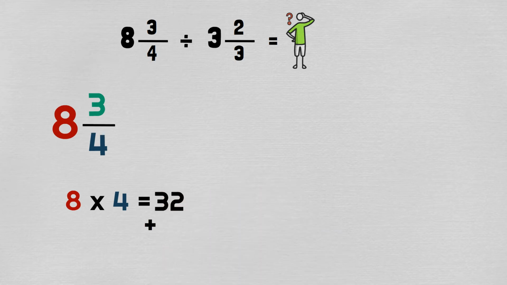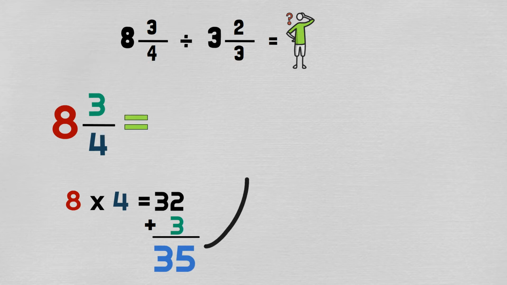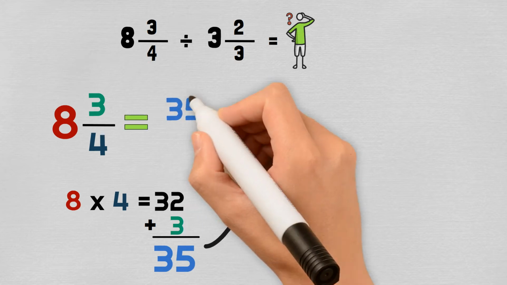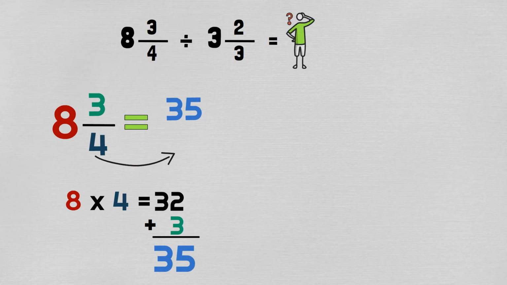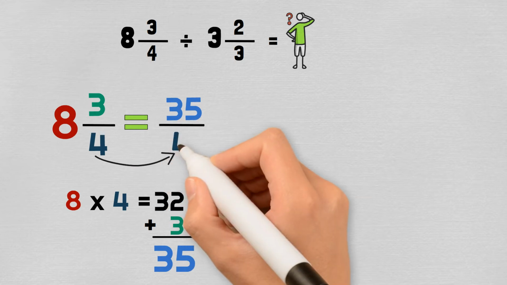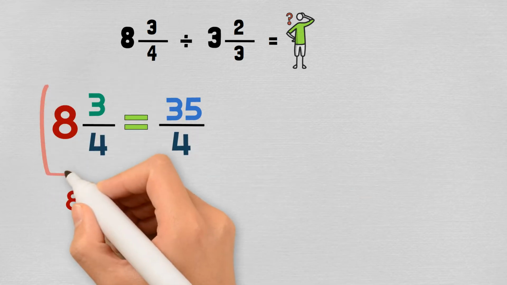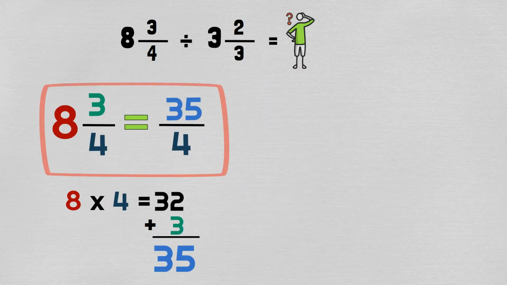Then, we take the numerator 3 and add it to the product 32, and we get 32 plus 3 equals 35. Now, we use the sum as a new numerator over the original denominator of the mixed number. 8 3/4 equals 35 over 4.